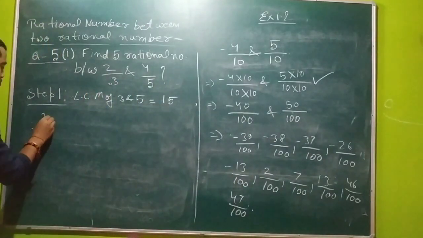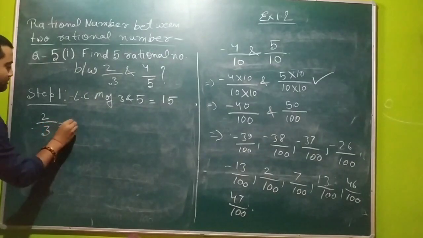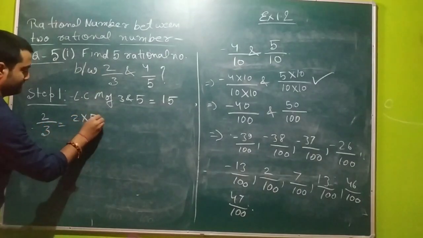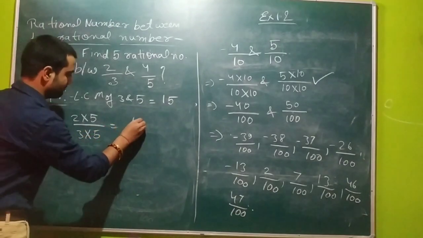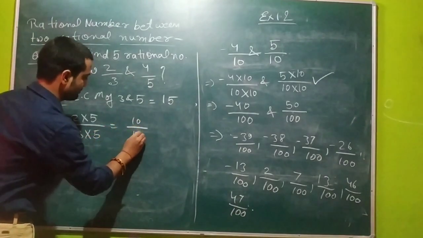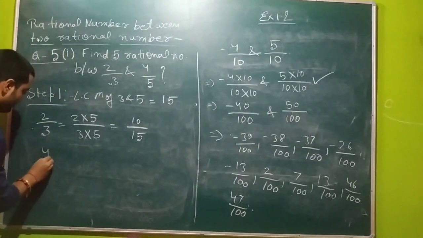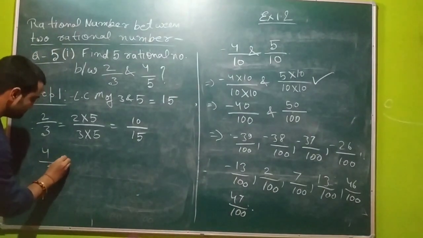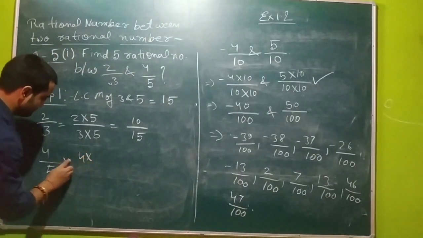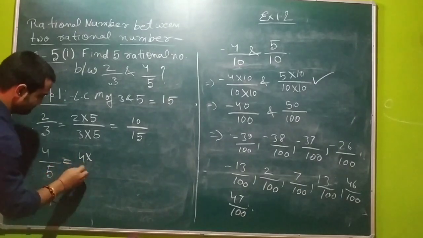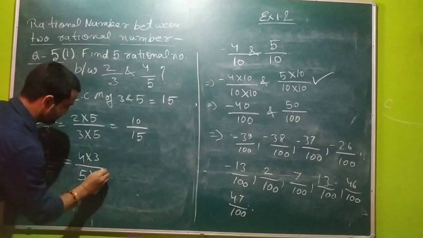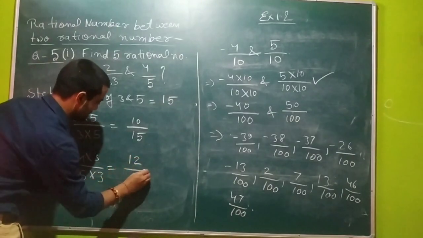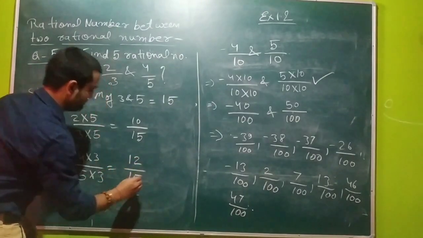So, 2 by 3 will get multiplied with 5, which results in 10 upon 15, and 4 upon 5 multiplied with 3 results in 12 upon 15.